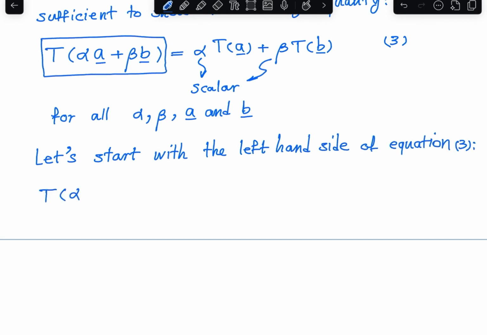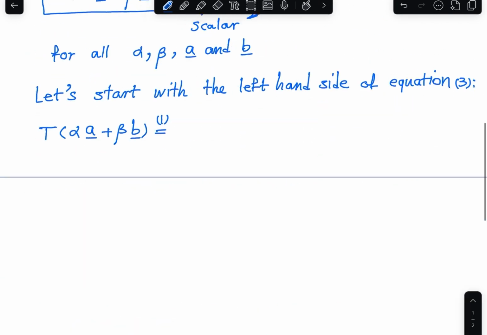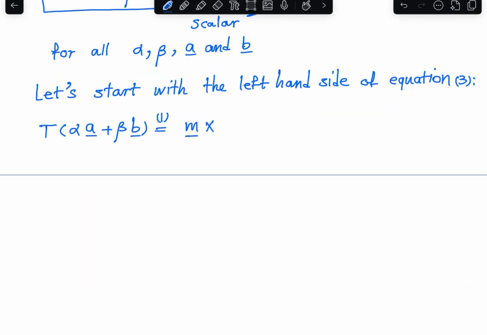Transformation of alpha A plus beta B is equal to M cross alpha A plus beta B using equation 1. It is equal to M cross alpha A plus M cross beta B.